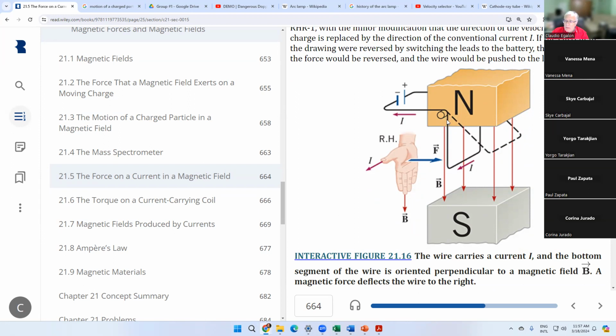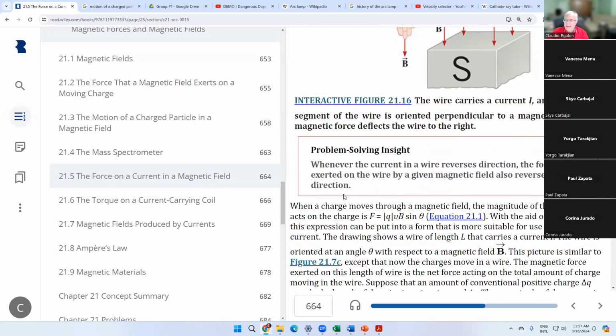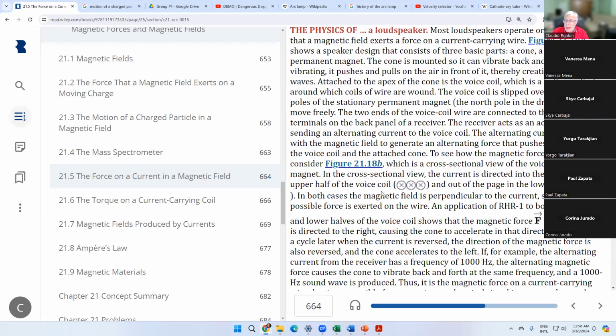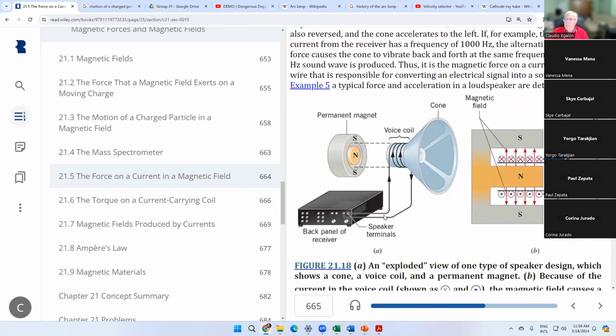Whenever the current is turned off, it's in the vertical direction. When you turn on the current, it ends up being deflected. Okay. And we have this practical application of the magnetic force in a speaker.